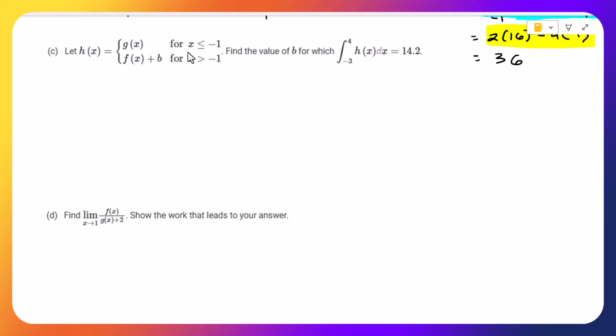So the integral from -3 to 4 of h of x dx equals the integral from -3 to -1 of g of x dx, because that's where h of x is defined to be g of x, and then plus our integral from -1 to 4 of f of x plus b dx.